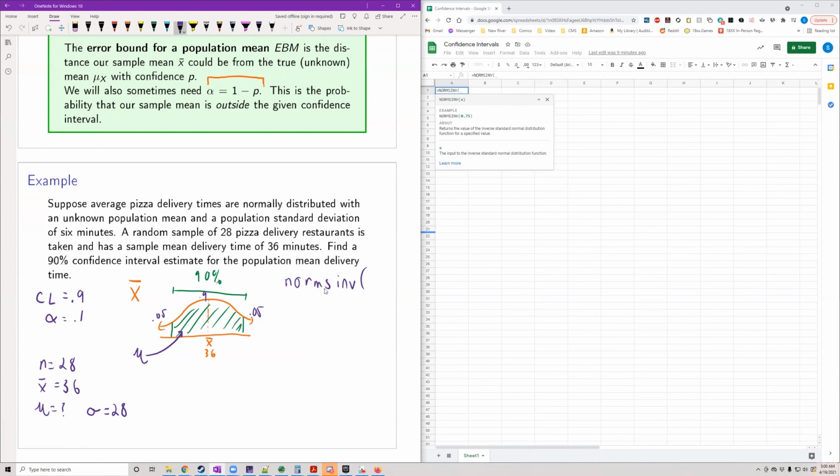Normsinv of P. What this will do is it will go from a probability or a percentile to a z-score. We also have the function normsdist, which will go from a z-score to a probability.